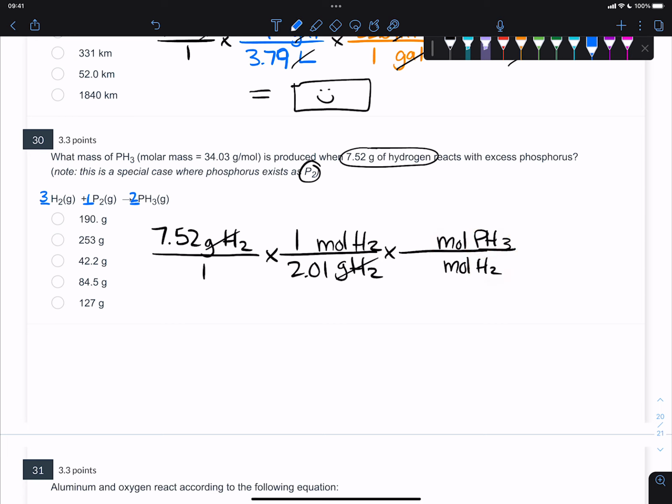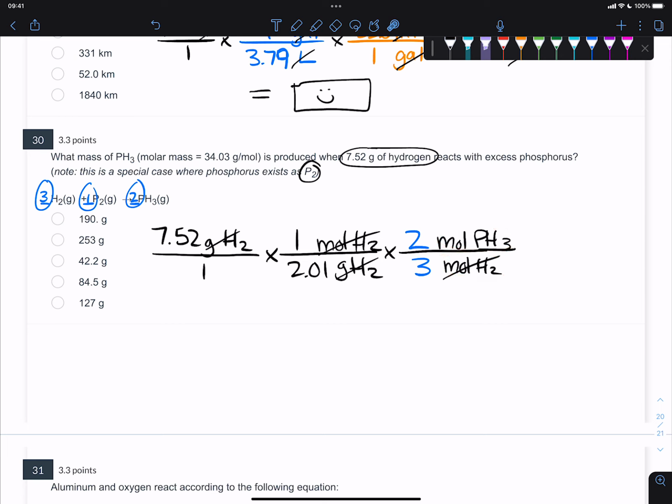We didn't balance it just for fun, even though you might think it's fun. We did this to get those coefficients for a reason. And the coefficient in front of H2 is a big 3. The coefficient in front of PH3 is a big 2, and that relates those quantities using the balanced equation. When you do stoichiometry, you have to use the balanced equation to relate your moles over moles.